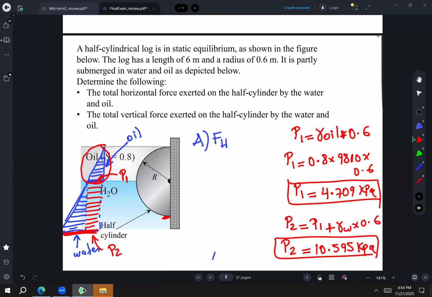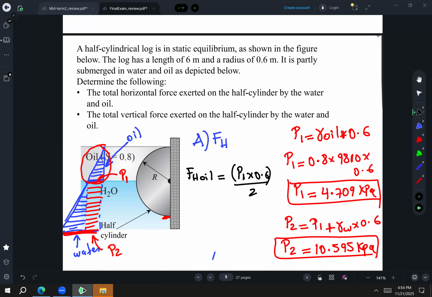Okay, so then the horizontal force due to the oil, F_H oil, will be equal to what? It will be P1 at the bottom times the height, which is 0.6, divided by 2.